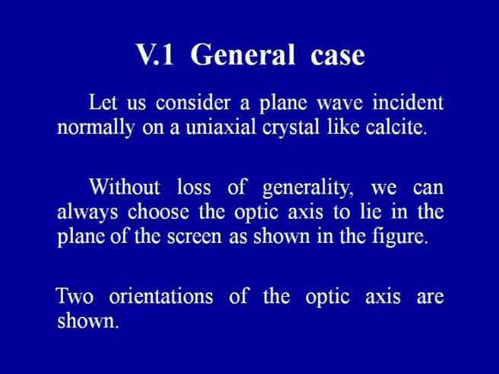Let us consider the general propagation in a doubly refracting crystal. Let us consider an incident wave incident normally on a uniaxial crystal like calcite. Without loss of generality, we can always choose the optic axis to lie in the plane of the screen as shown in the figure.